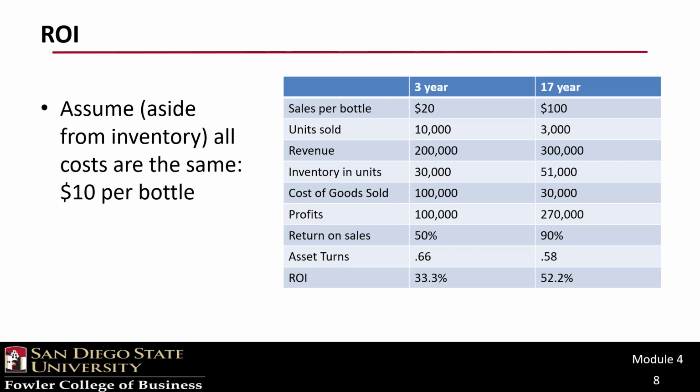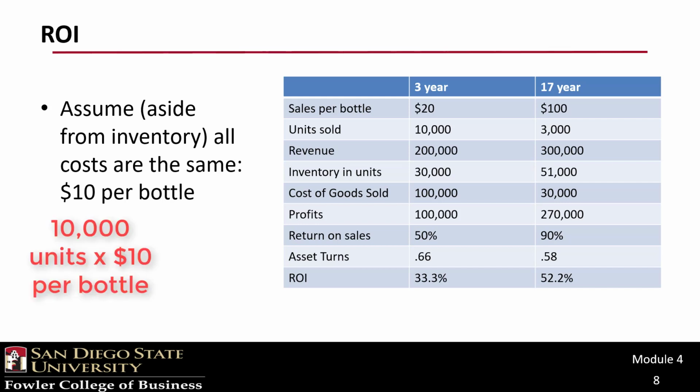So again, let's start with 3-year. Sales per bottle is $20. The number of units sold is 10,000. That's the revenue of 200,000. We know that the inventory in units is 30,000. So the cost of goods sold, right? The cost of each bottle that was sold is 100,000.